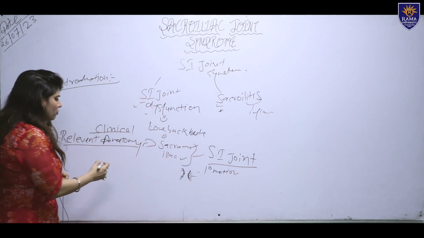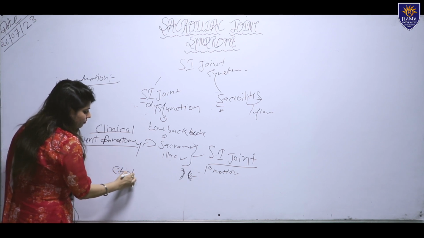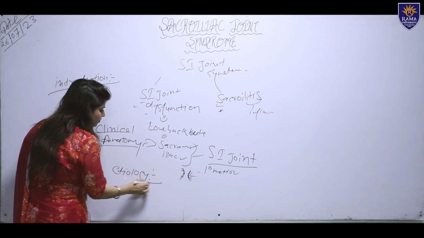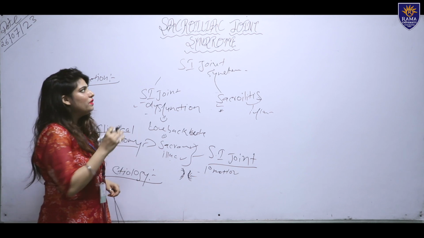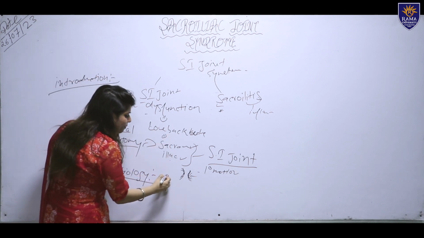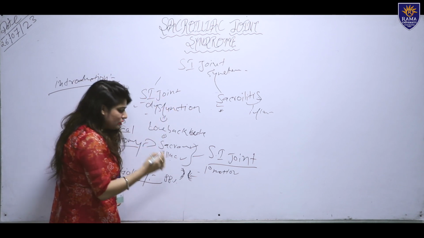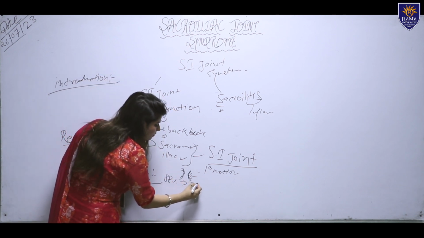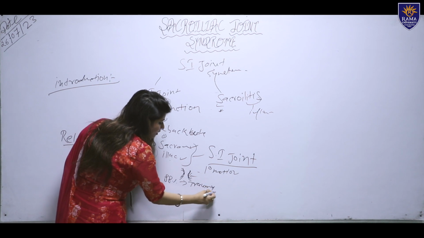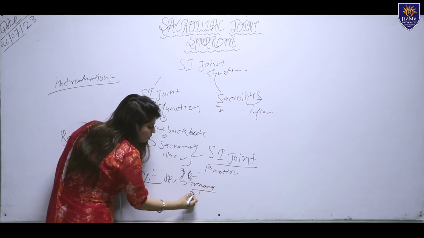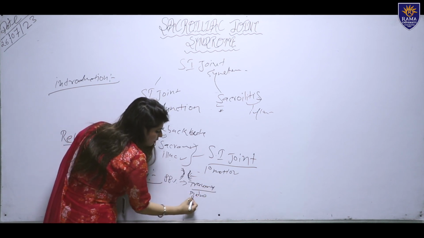Now I am jumping to the etiology. Regarding the etiology of sacroiliac joint syndrome, 88% of the population that has sacroiliac joint syndrome has trauma, depending upon micro trauma and macro trauma.